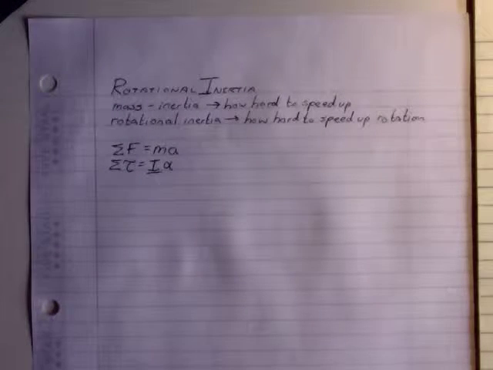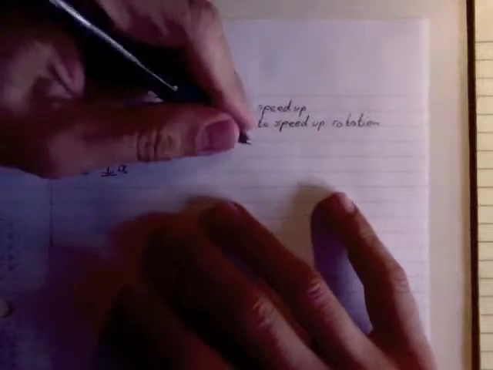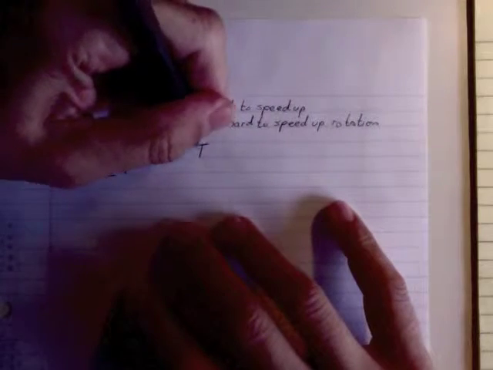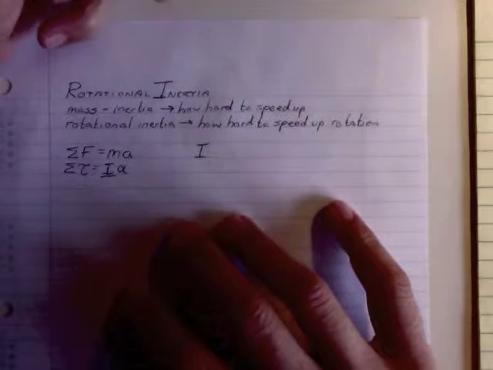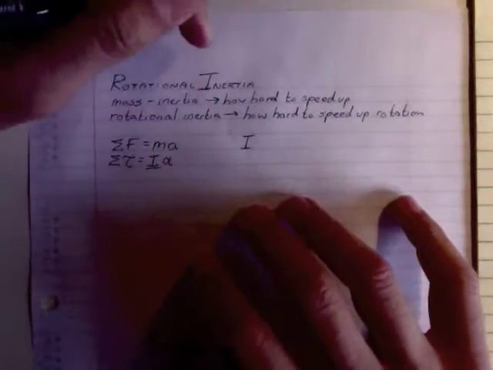So let's talk about how we actually calculate rotational inertia. Just like with that pencil, rotational inertia is greater if the mass is farther away from the point of rotation.